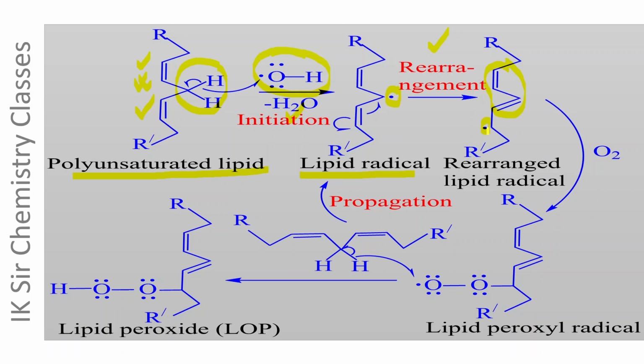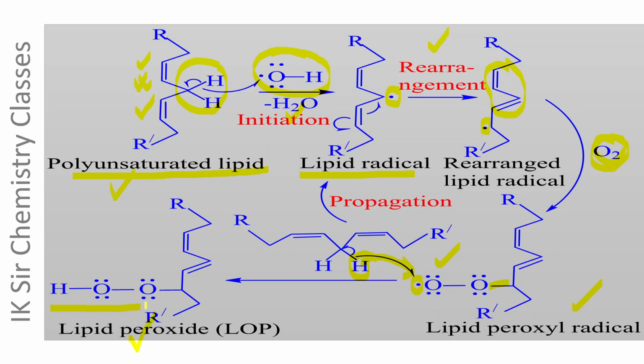This free radical, this unpaired electron, abstracts an O2 molecule. O2 molecule also has two unpaired electrons, and a bond is formed between carbon and this oxygen atom, and on one oxygen atom, one unpaired electron is present. It is lipid peroxyl radical. This lipid peroxyl radical reacts with another molecule of polyunsaturated lipid. This hydrogen atom is transferred along with the electron to the oxygen free radical, leading to the formation of lipid peroxide.